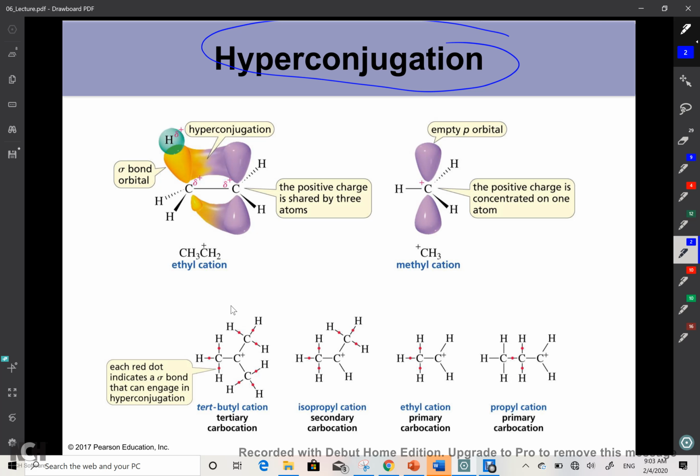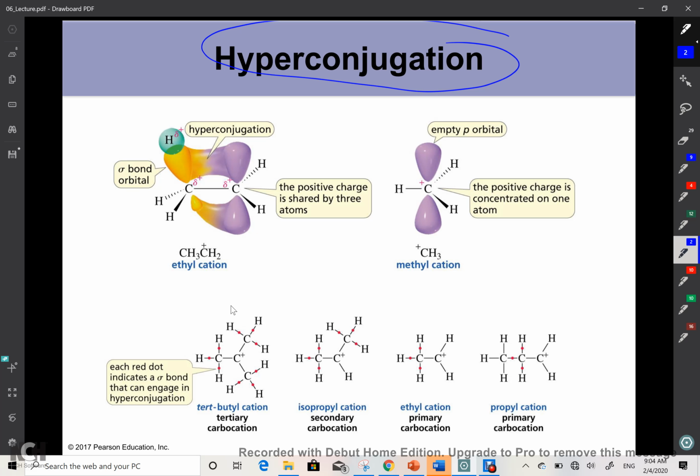Remember the carbon atoms are a little bit electronegative. When you are surrounded by 3 carbon atoms, they tend to send electrons towards you. They tend to give you electrons.